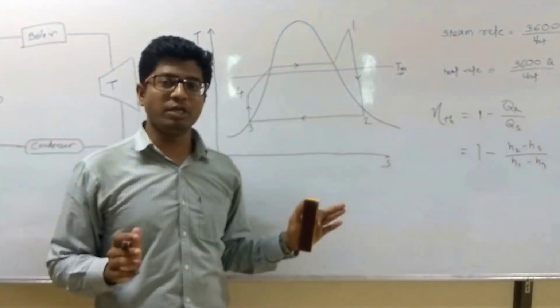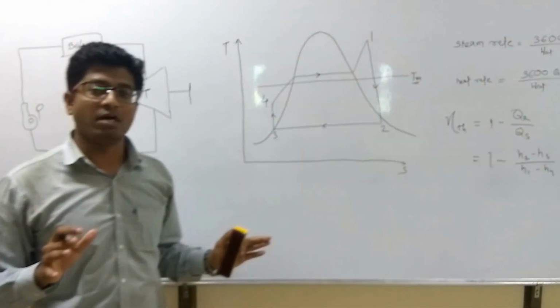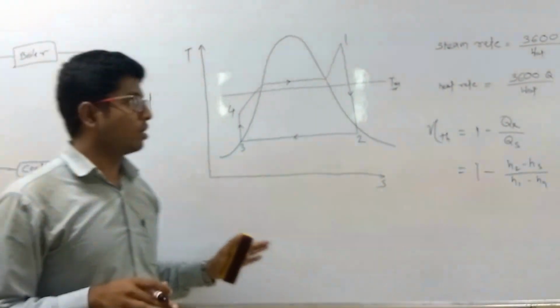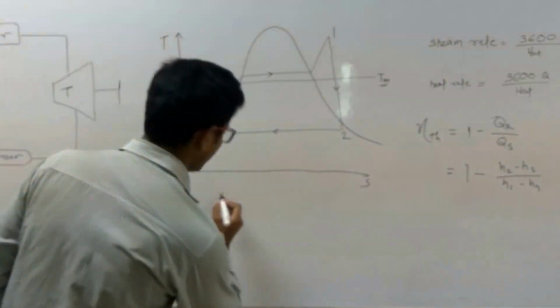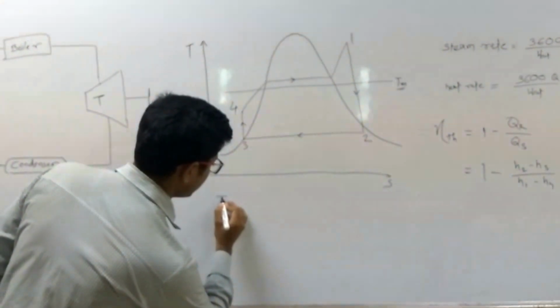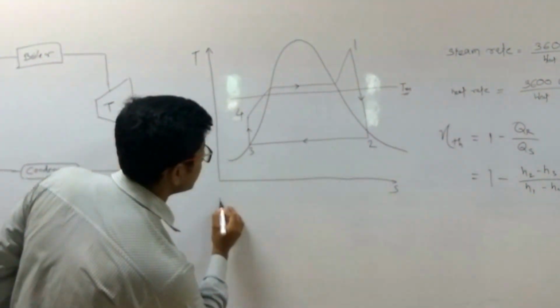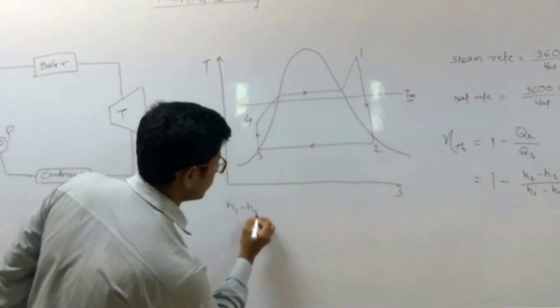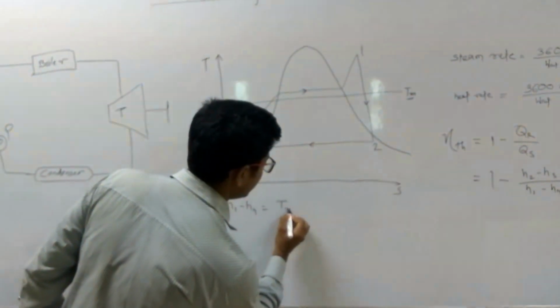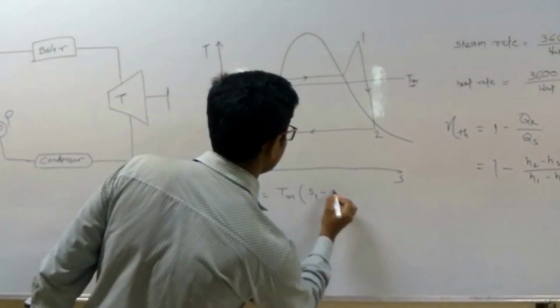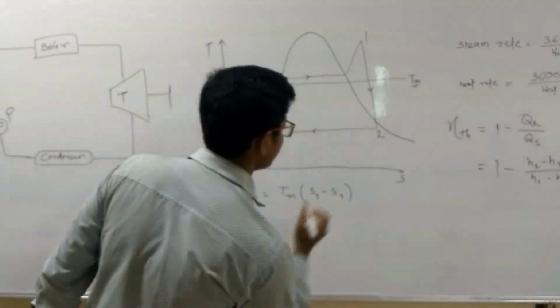That T mean represents the mean temperature of heat addition. It can be written as H1 minus H4 is equal to T mean into S1 minus S4.